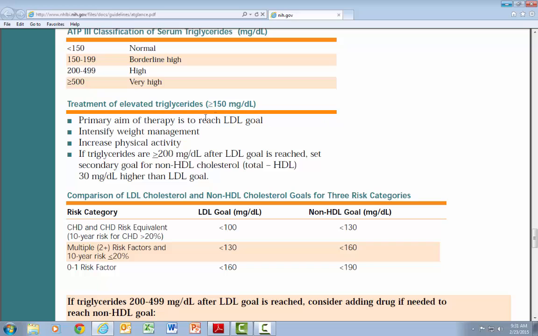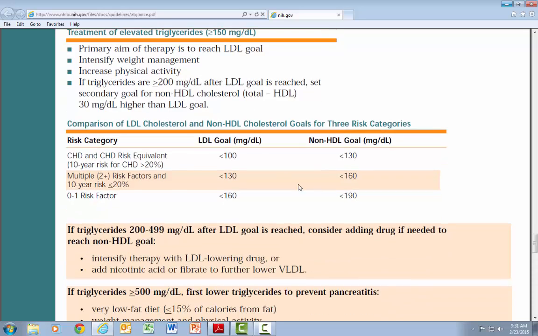Your goal remains LDL. You continue doing the same thing, okay? Weight management, lifestyle modifications, and continue your statins unless contraindicated. You basically continue the same goal as we discussed above.